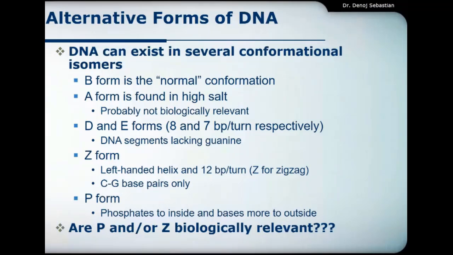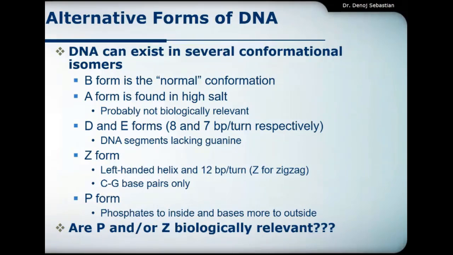These are the different conformational forms or isomers of DNA, where the B form is the normal conformation, and the A form is found at high salt concentrations and is probably not so biologically relevant. The B form has 10 base pairs per turn, and there are D and E forms with 8 and 7 base pairs per turn.